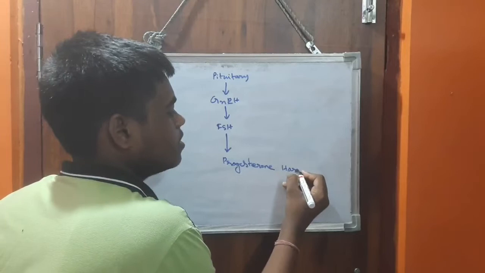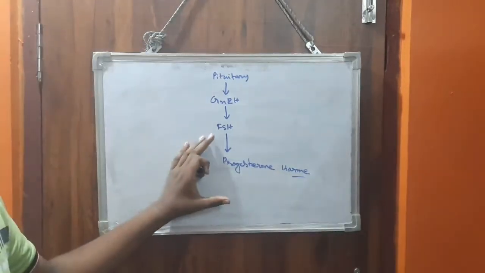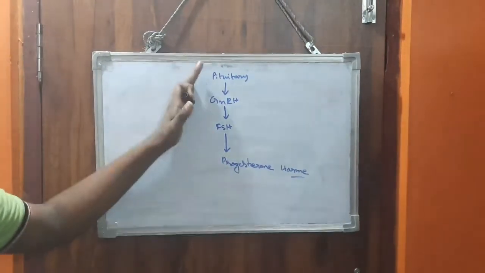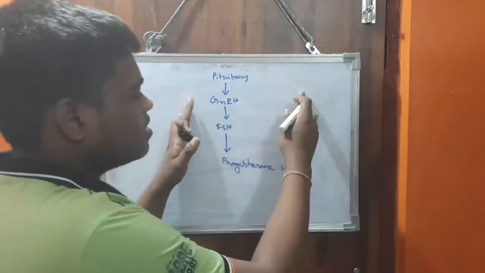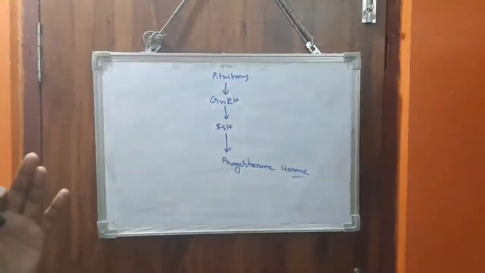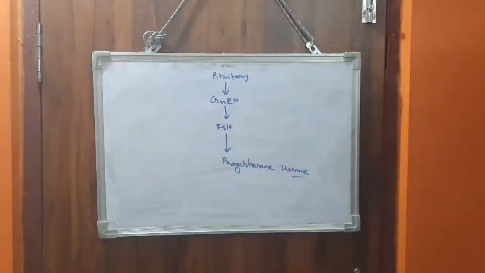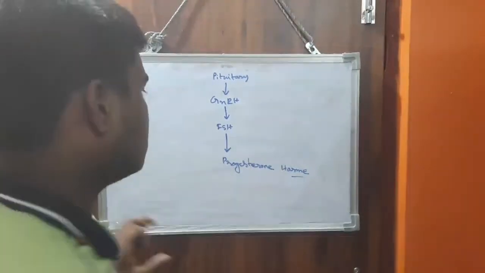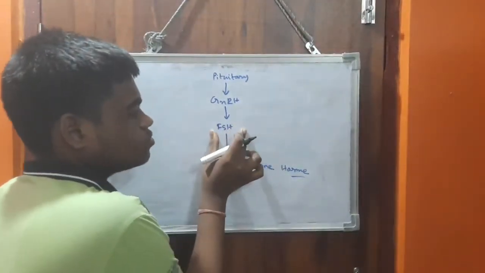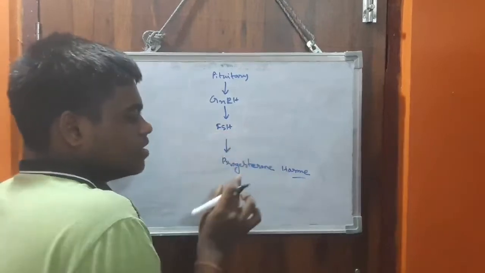There are many pathways. This flowchart will be a rough outline of the secretion of progesterone hormone. Mainly in the ovulation phase, follicle stimulating hormone is not necessary for the secretion of progesterone hormone.